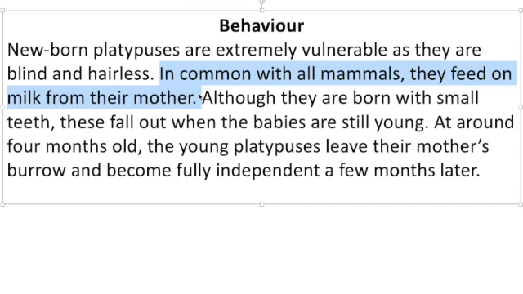If you have done a bird, then you could say in common with all birds, their mother feeds them in the nest. Or if you've done a reptile, you could say, in common with all reptiles, they hatch from an egg. This is if you want to talk about your creature's babies.